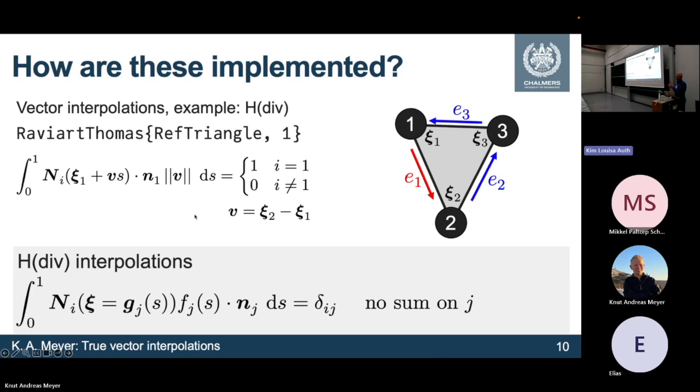For all other shape functions, doing that integral over that line should give 0. And that's such that these different shape functions are independent of each other. So okay, it means we just have a different rule. Of course, you look up in a table how to interpret, or in papers how to implement these.